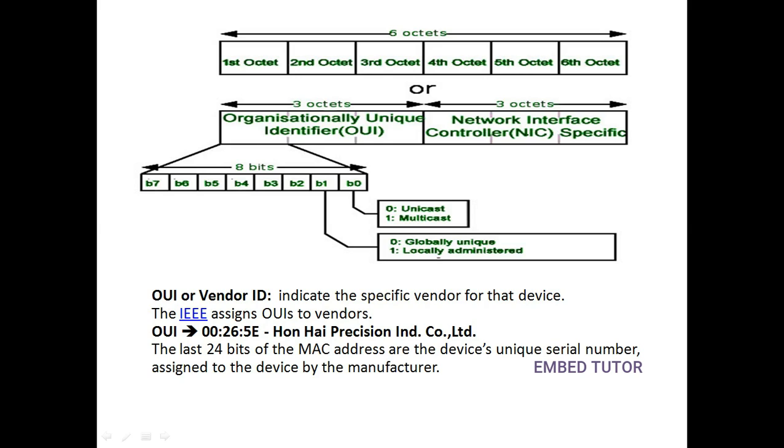When I search this on the internet, I am able to understand that this is the vendor ID and the vendor name is High Precision Industrial Corporation Limited. So from that I can understand that my laptop has a NIC manufactured by High Precision Industrial Corporation.